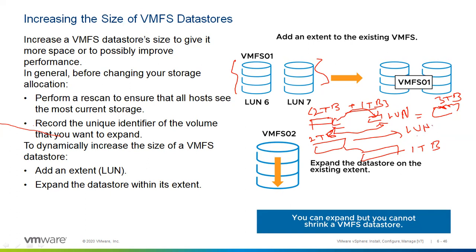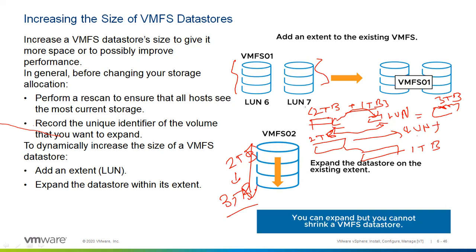Okay, you will select the same LUN ID and your data store will expand from 2 terabytes to 3 terabytes. So expand is nothing, just the storage admin expanding the same LUN, and you are increasing the data store size by using the same LUN.